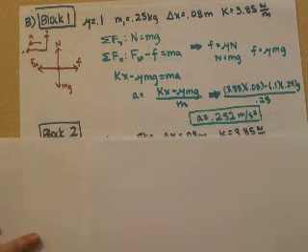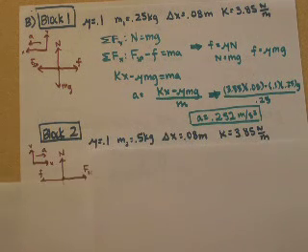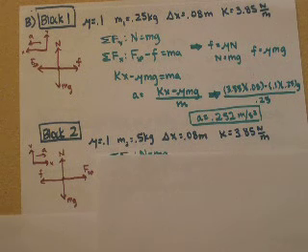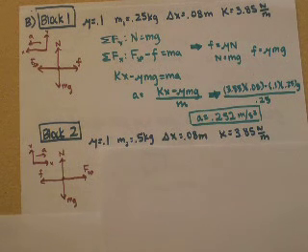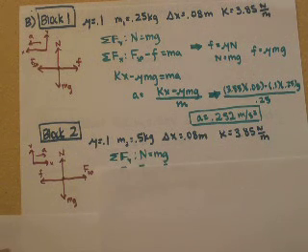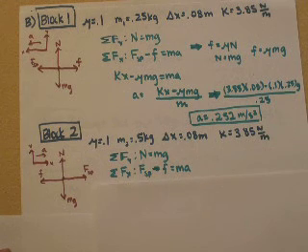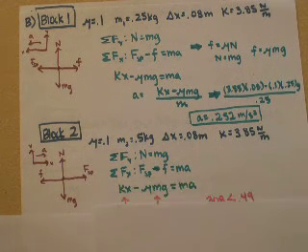Then I moved on to block 2, and the only thing that changes here is the mass. I kept my acceleration positive. The force of the spring acts in the positive direction, and the force of friction acts in the negative direction. Forces in the y, N equals mg. Forces in the x, the force of the spring minus friction equals ma.